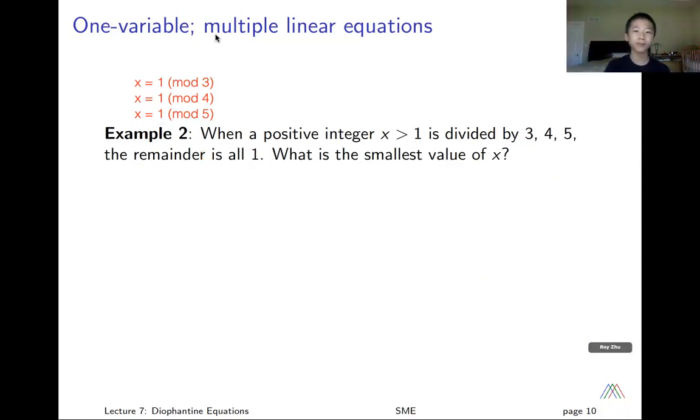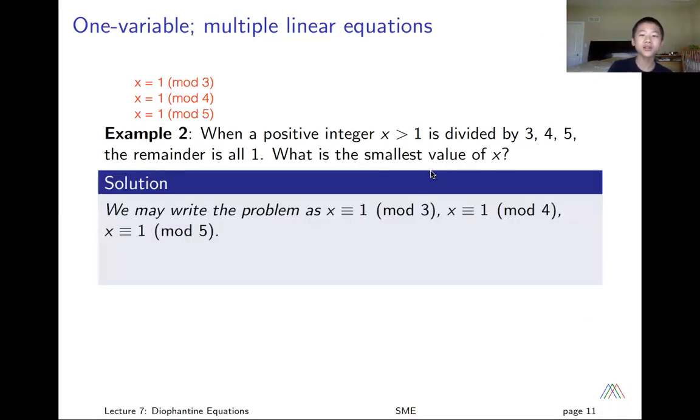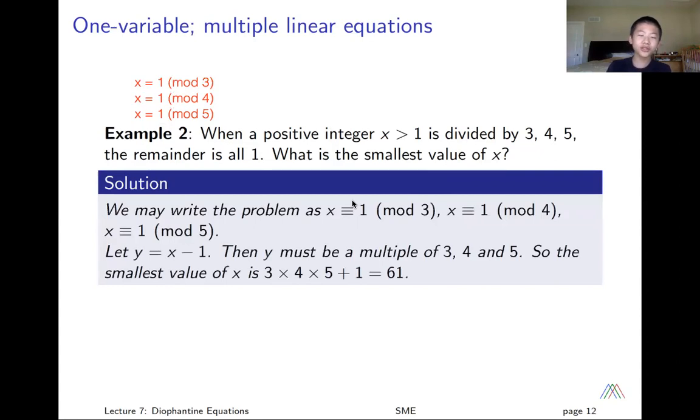Okay, that's very good. You already explained it very well. To make this a bit simpler, you could let y equal x minus 1. Then y is a multiple of 3, 4, and 5.